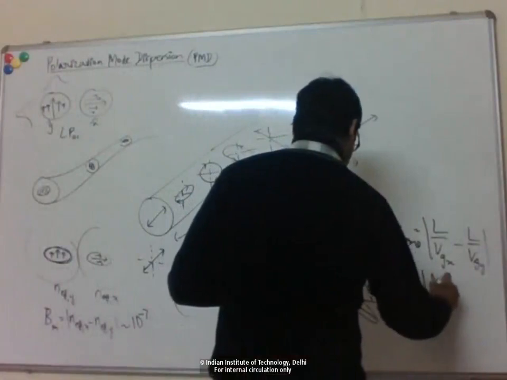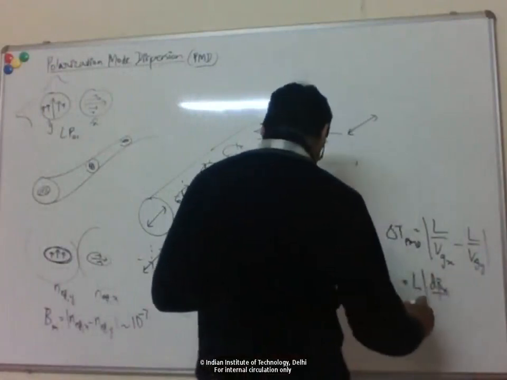Right? So you can also write this as, so Vg is basically d omega by d beta.